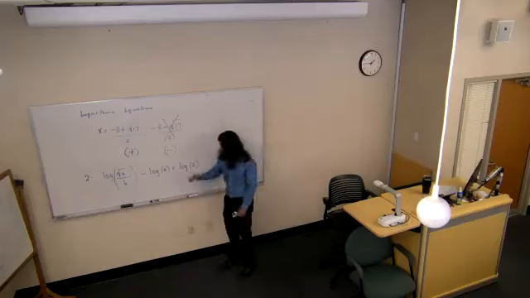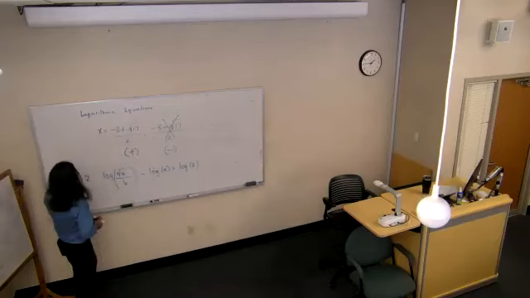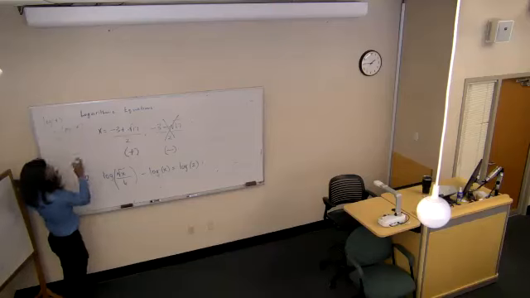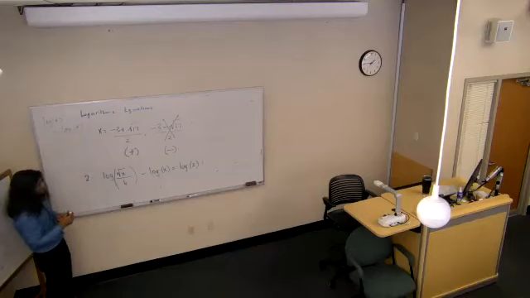Common issues with this problem: one, you'd be tempted to get rid of logs directly. You can't do that. You should have log of something on one side, log of something on the other side by itself. Then you can get rid of the logarithms. That's not the case here.